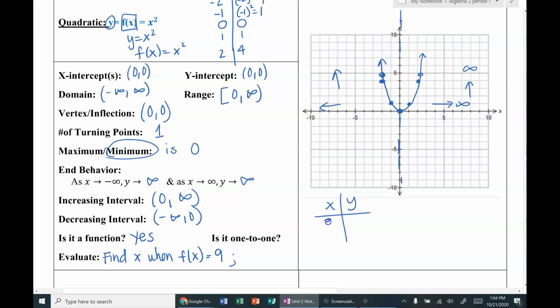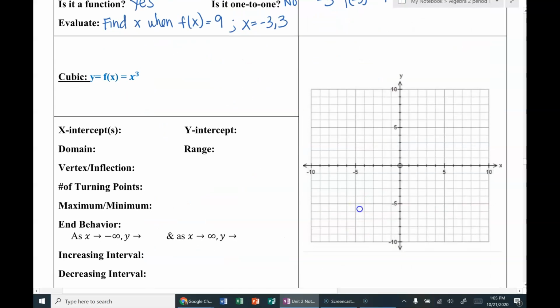When x is 3, 3 squared is 9. When x is negative 3, negative 3 squared is also 9. So as you can see, when y is 9, x has two values, negative 3 and 3. That's why it's not a one-to-one, because there are two x values for one y value.